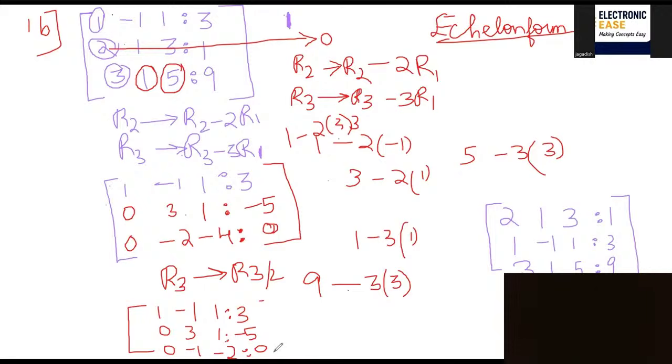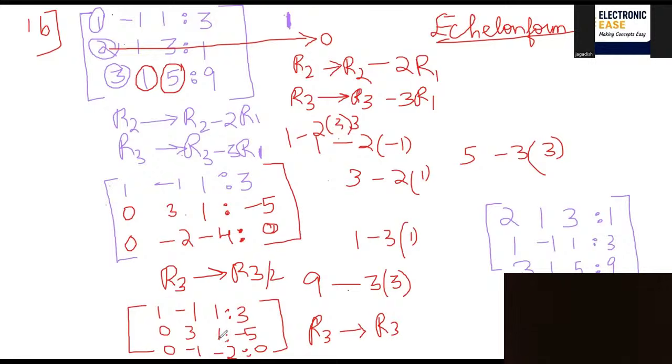Now I will be applying R3 changing to this element. I need to convert it to 0. So I will apply R3 changing to R3 plus R1. If I do that, students, what will happen? It will again become the same, and this element will change again, so I can't apply that operation. So I will try to write the equations as they are.